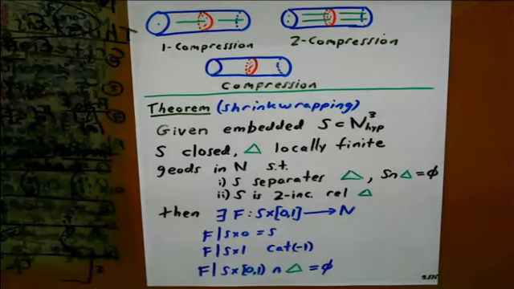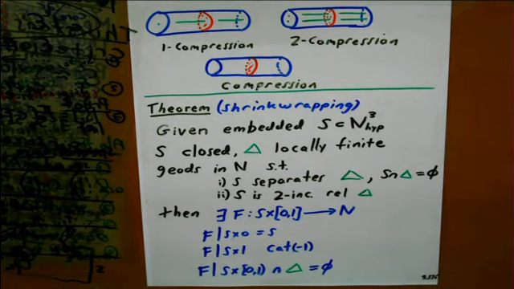So there's the theorem of Meeks and Yau, which says that if you have an incompressible surface in a Riemannian manifold, then you can homotope that surface to be a minimal surface. And the condition really is that there's no simple closed curve on the surface that's homotopically trivial.